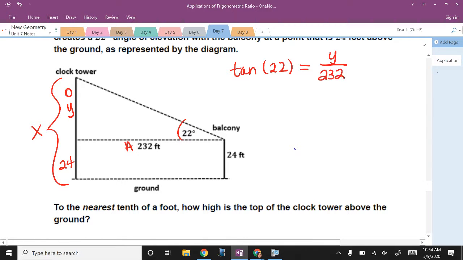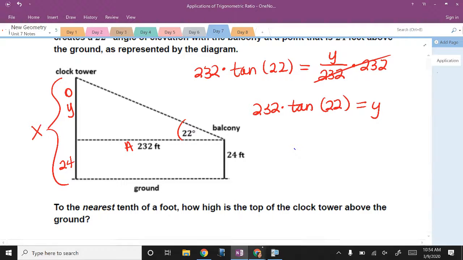y over 232. So how do we get y? Multiply by 232. So 232 times tangent of 22 degrees equals y.